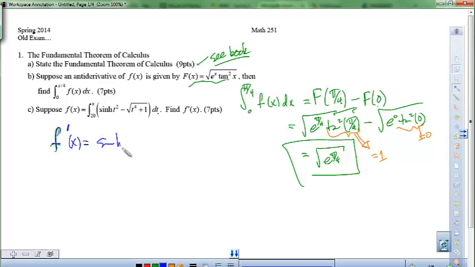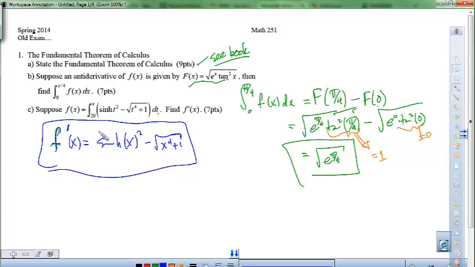So let's just say sine hyperbolic x squared minus the square root of x to the fourth plus 1. So this is your answer for that. And it was just a matter of remembering our new derivative formula.